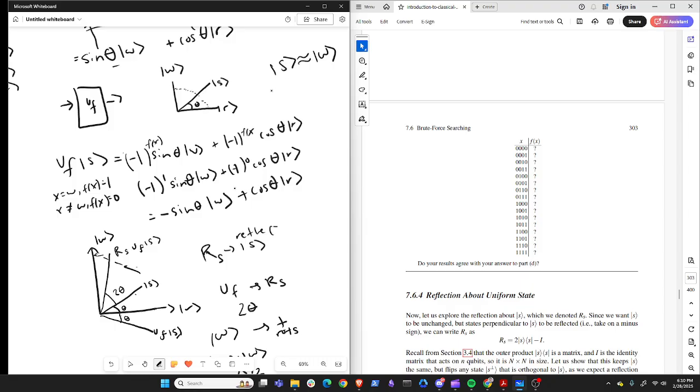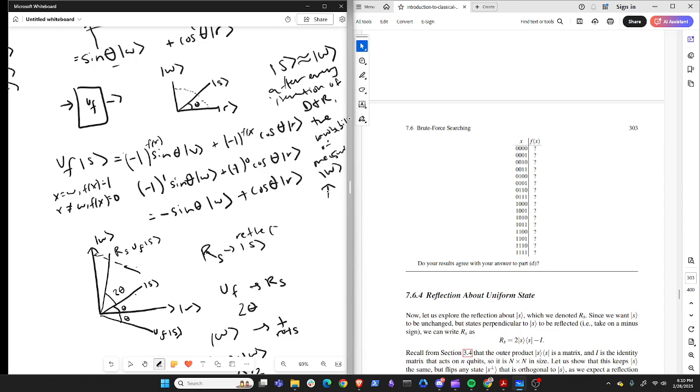So pretty much after every iteration of diffusion and rotation, the probability of measuring W increases.